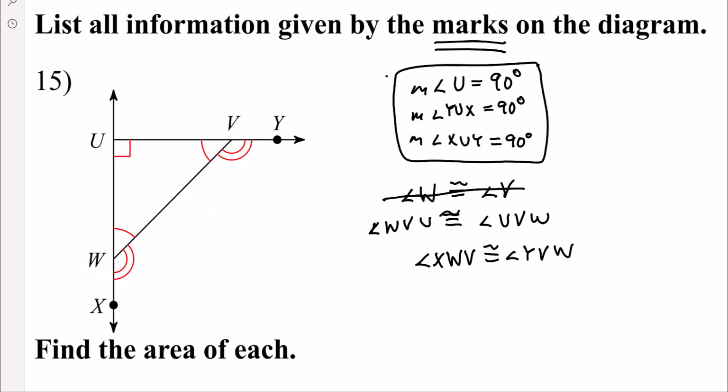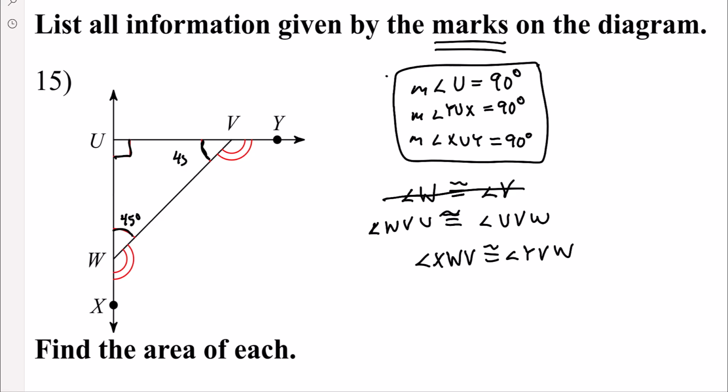Just like that. All right, this is a really short video, but that's how you name things using markings. I'm trying to think if there's any other marking on here. According to the markings, that's what we have. Now, I'm going to add one other thing. Since we know these two angles are the same, and this angle is 90, we also know that this angle will be 45 degrees.